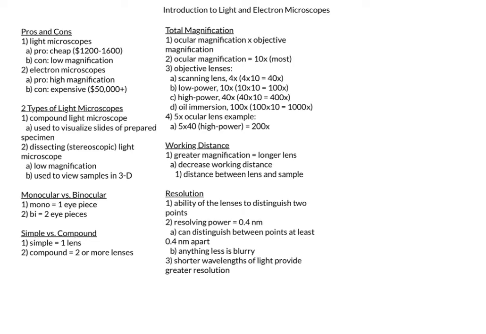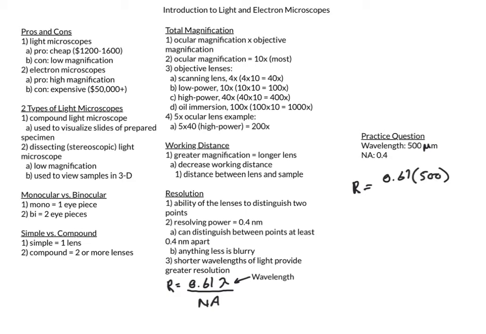To calculate resolution, you should use the equation R is equal to 0.61 lambda, which represents wavelength, divided by the numerical aperture. So if you have a wavelength of 500 micrometers and a numerical aperture of 0.4, we would do R equals 0.61 times 500, in parentheses, divided by 0.4, and we should get 762.5.